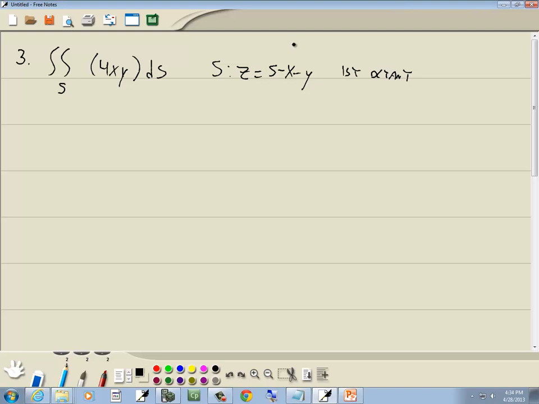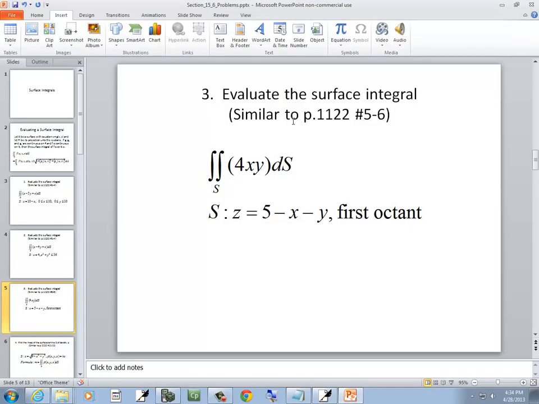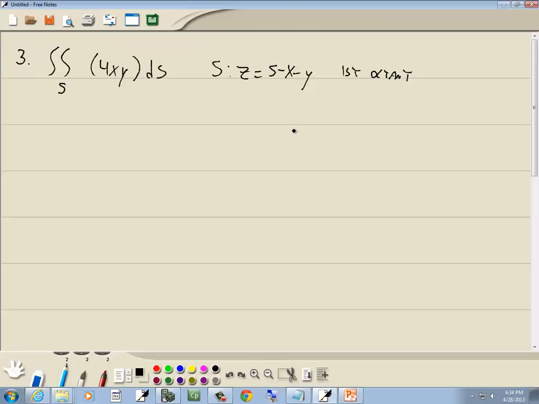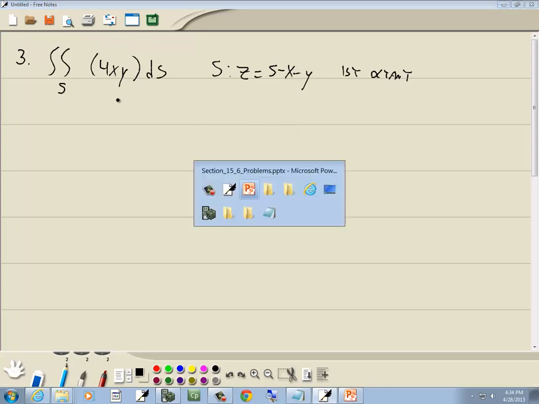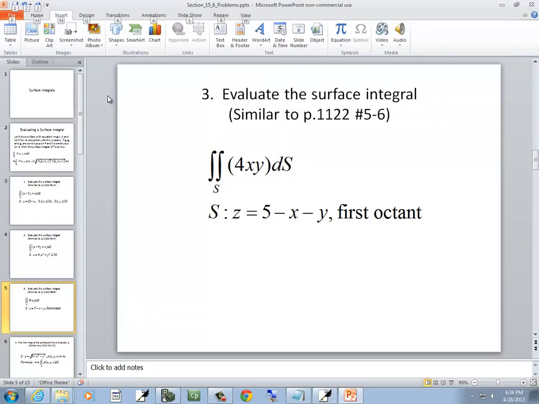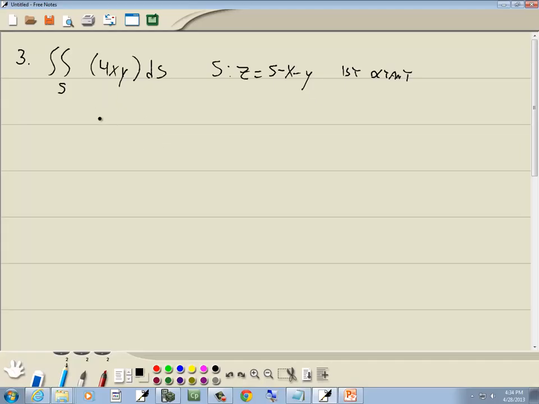So that's going to help us with our setup on this. Now, okay, so we got 4xy. Well, that's going to remain. We'll come back to those, but this remains as 4xy.